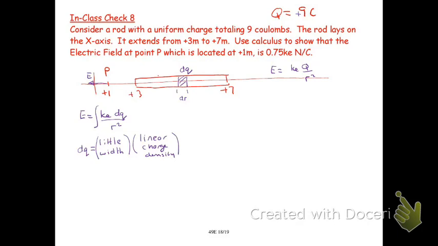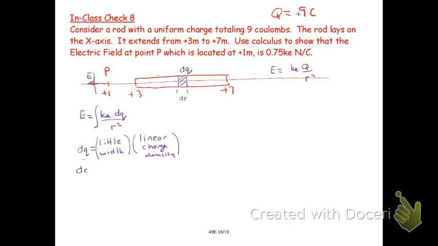If I make the little width wider, I get more charge in there. If I make the little width narrow, I get less charge in there. This is physically the amount of charge. It's not a magic symbol. The amount of charge depends upon how wide my little slice is and what the charge density is on my rod. It's all physics, it means something.